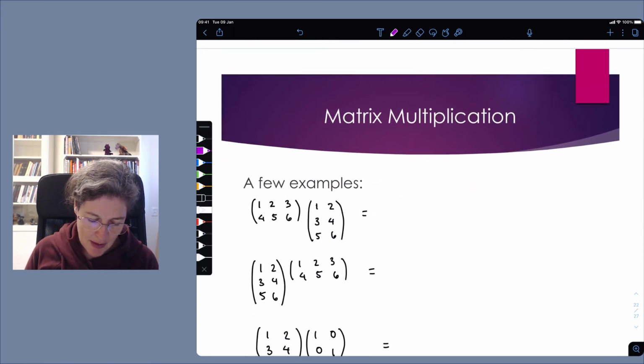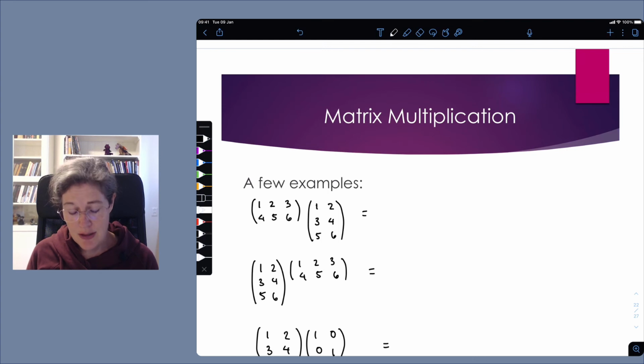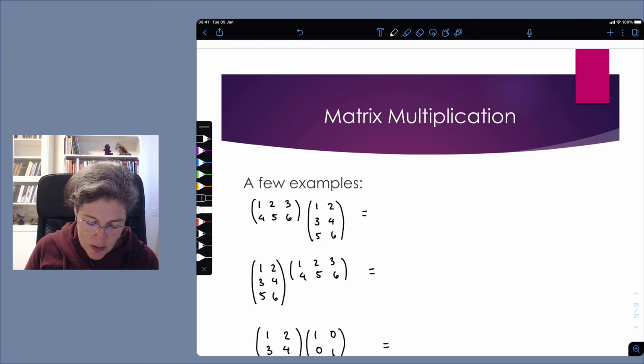The first thing to do when you're doing matrix multiplication is check that you can do it. Do your matrices have the right dimensions? If you can, figure out the dimensions of the new matrix you're going to get. This matrix has 2 rows and 3 columns, and our next matrix has 3 rows and 2 columns.